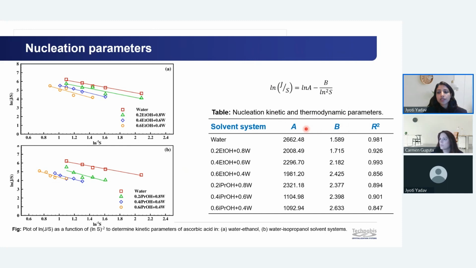The kinetic parameter A, which represents the number of active sites available for nucleation, decreases with increase in alcohol concentration in both water-ethanol and water-isopropanol solvent systems, whereas the thermodynamic parameter B, which represents the activation energy required for nucleation, increases with increase in alcohol concentration, which means that higher activation energy is required to nucleate in water-alcohol solvent systems.